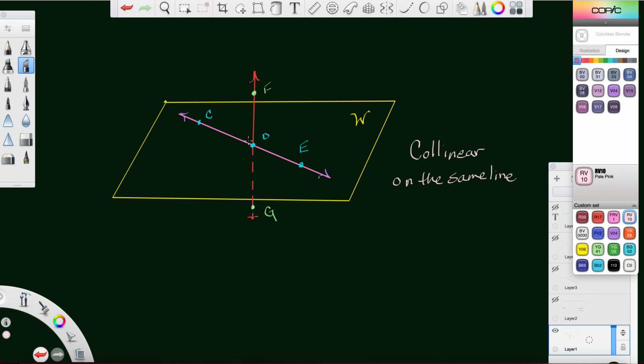And that would be point D, right? So there are the first two answers. I didn't write that down because I figured you could see it, you'll be able to visualize it.